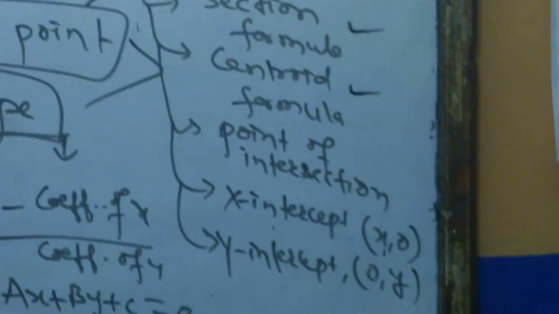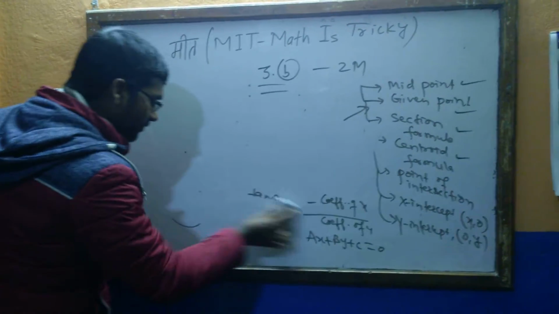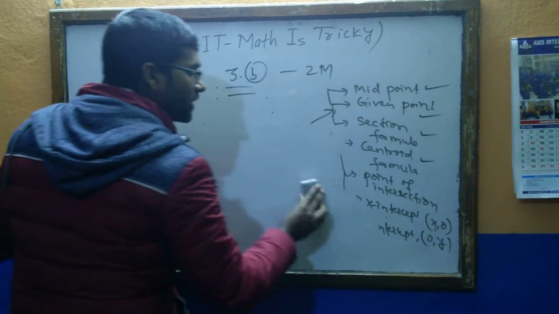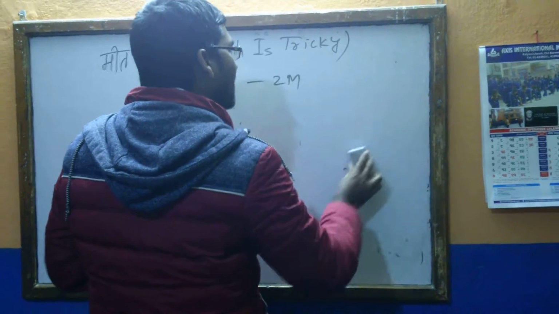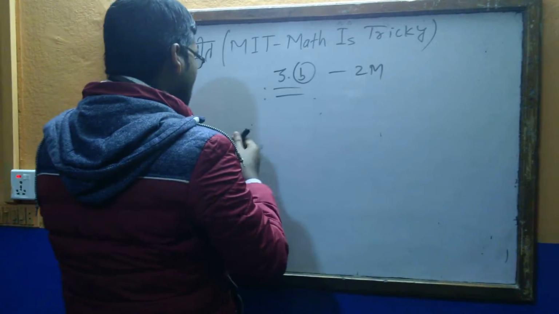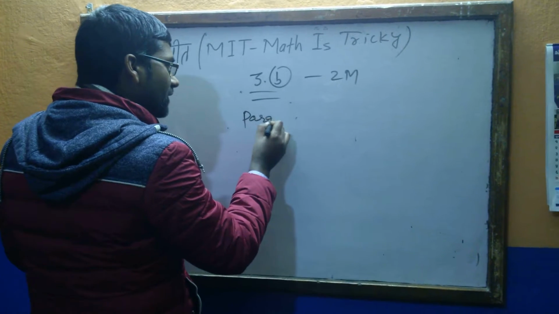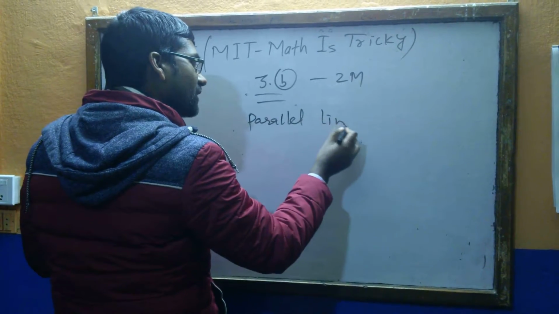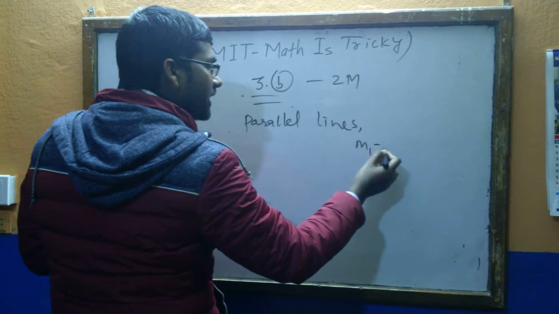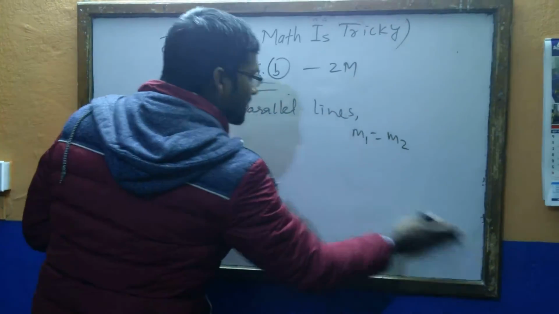These are small cases. Sometimes we may be asked to solve problems based on parallel lines and perpendicular lines. For parallel lines, m1 equals m2, and m1 and m2 can be calculated from the previous concept.